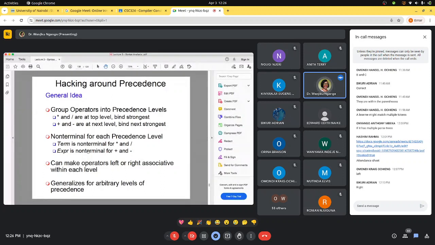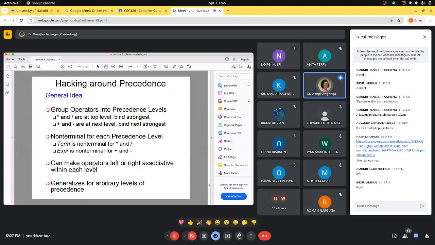Within each of the groups, you can then decide to make your operators either left or right associative. If you want them to be right associative, then you hack the grammar to ensure that, and we've seen how to do that. For right associative, the left-hand side of the operator should be a terminal and the right-hand side should be a non-terminal. Left is the opposite. And once you do that, basically, you've hacked around precedence.